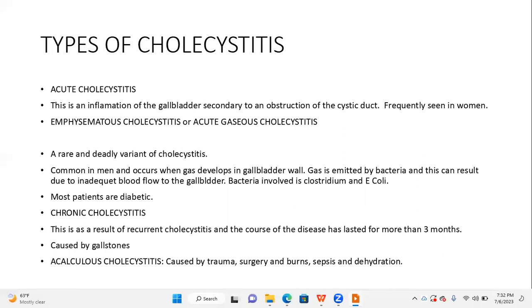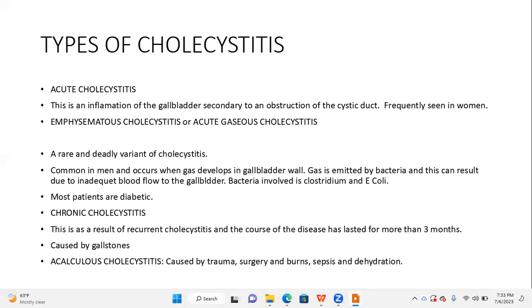The cystic artery is the artery that supplies blood to the gallbladder. When it's filled up with cholesterol, there will be blockage of blood flow to the gallbladder, and this may cause inadequate blood flow to the gallbladder.